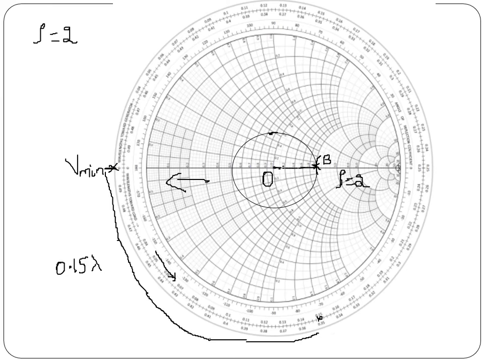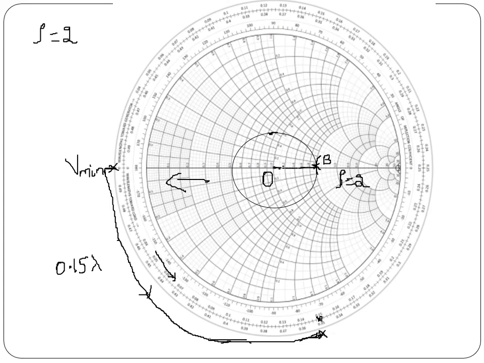From the V minimum position to the load position, the distance is 0.15 lambda.